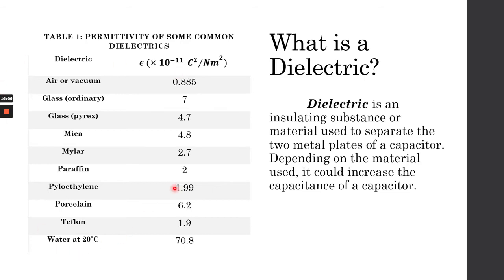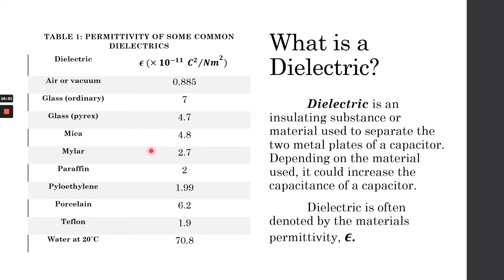So when you are doing problems, usually these are given to you, and if I give a homework, I will usually give this table to you. You don't have to memorize this. So dielectric is often denoted by the material's permittivity, so we usually use epsilon when we are talking about dielectric.